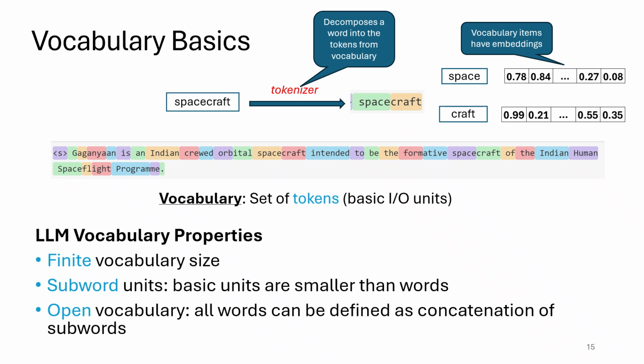Now, what are the properties of the language model's vocabulary? It works with a finite vocabulary, and the vocabulary is at the subword level, so the vocabulary units are smaller than words. These two properties combined result in an open vocabulary, so all words can be decomposed as a concatenation of the subwords that are part of the LLM vocabulary.